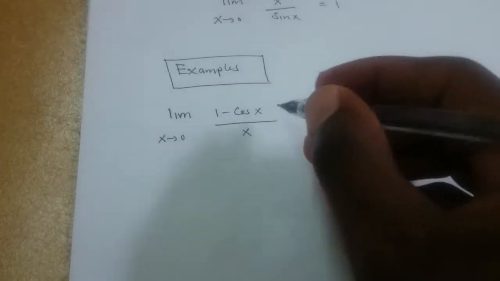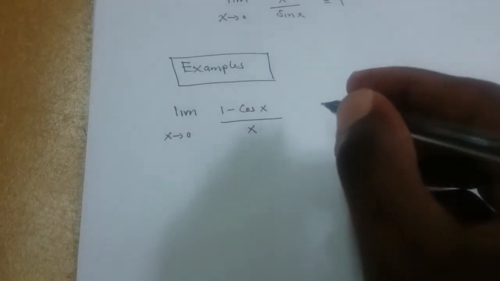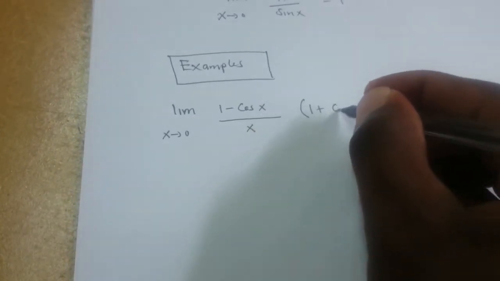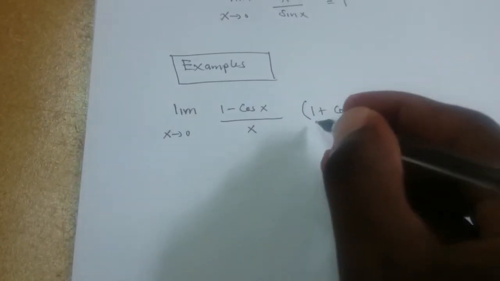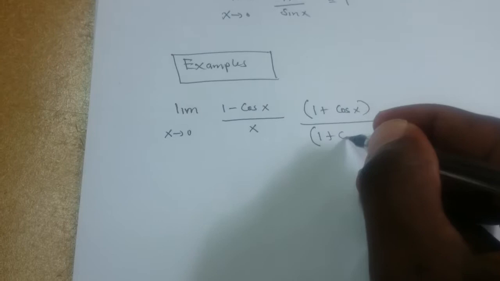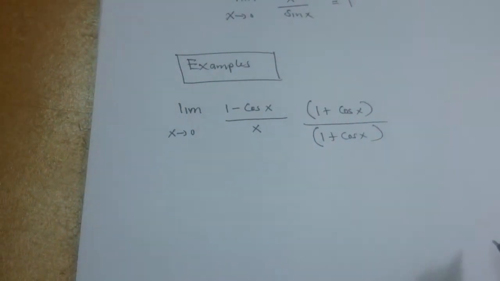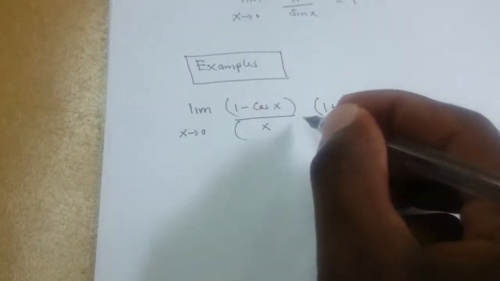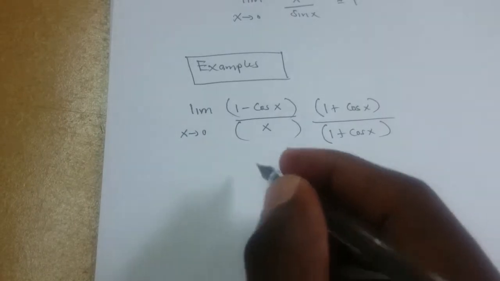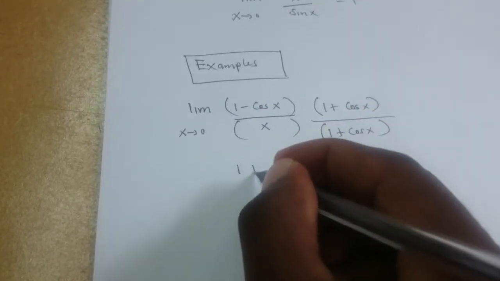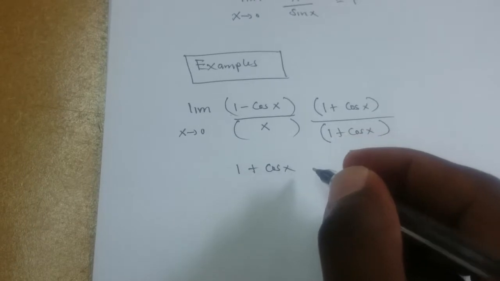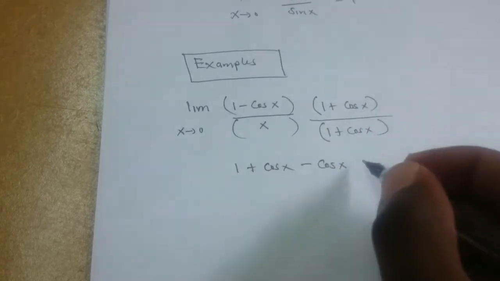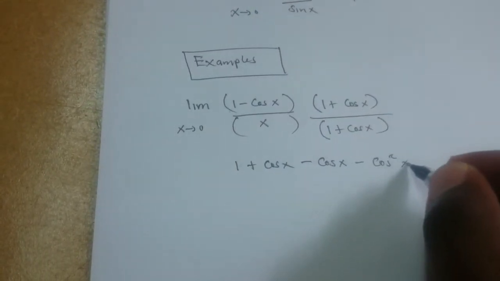When you're told to find the limit of this trigonometric function, what we are going to do is multiply by 1 plus cos x over 1 plus cos x. So we are going to expand the numerator: 1 times 1, 1 times plus cos x, minus cos x times 1, to be minus cos squared x.